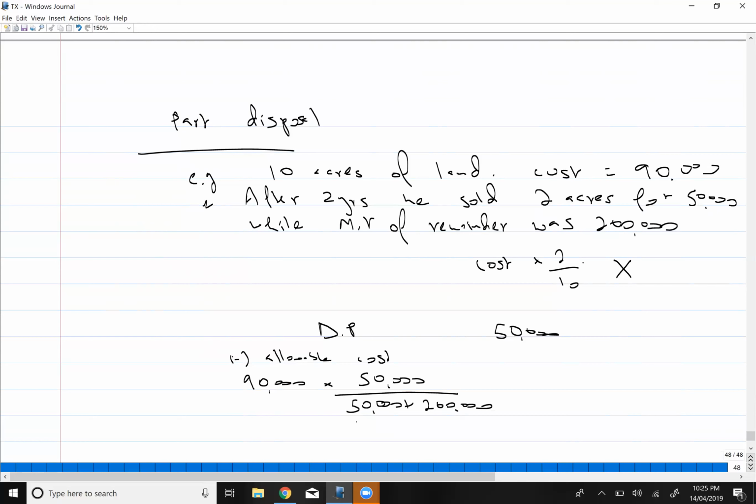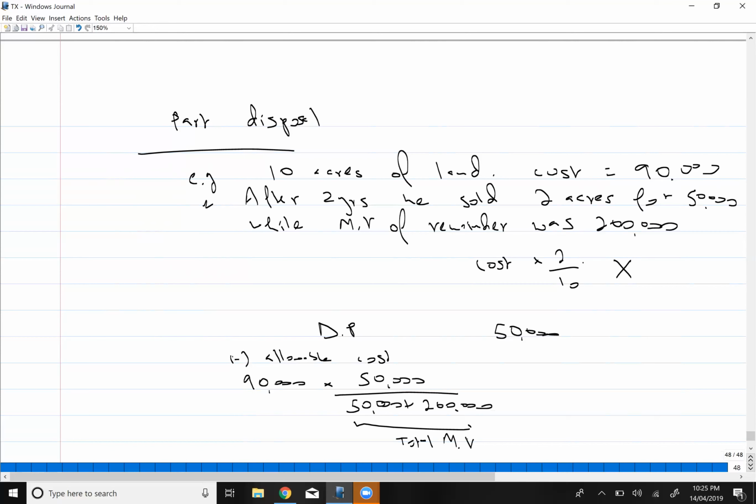Just think logically: in the denominator, I'm taking the total market value of the total 10 acres of land. So maybe in the exam, they might give you the total market value. Remember that in the denominator, DP plus market value of remaining land is the total market value.